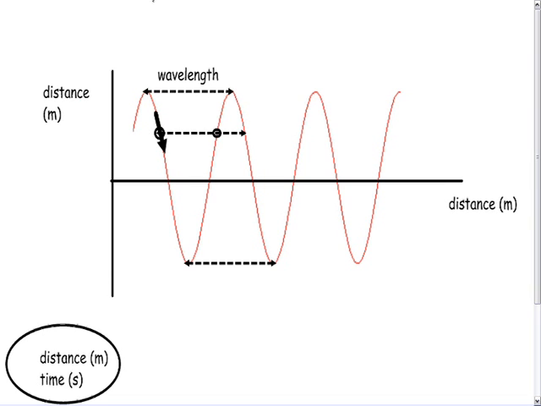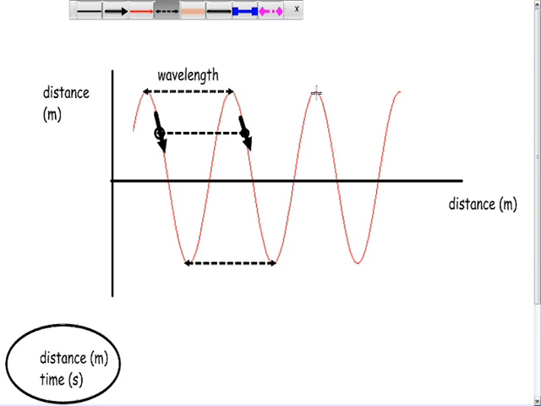So this bit here is actually over here, because the wave goes up, down, all the way up again, and at this point again it is heading downwards. They have the same distance from their original position and are going in the same direction, so these are identical points. That's the wavelength, assuming that we have distance across the bottom.